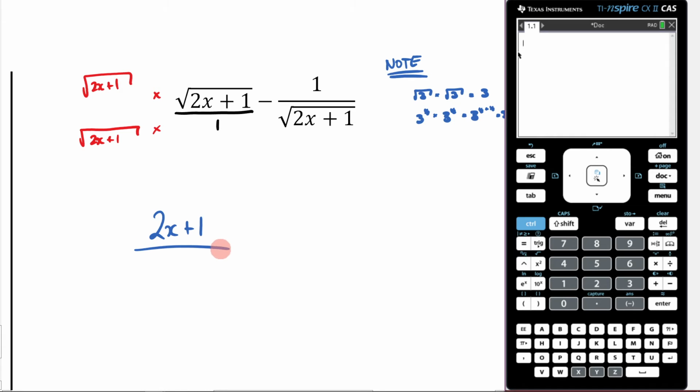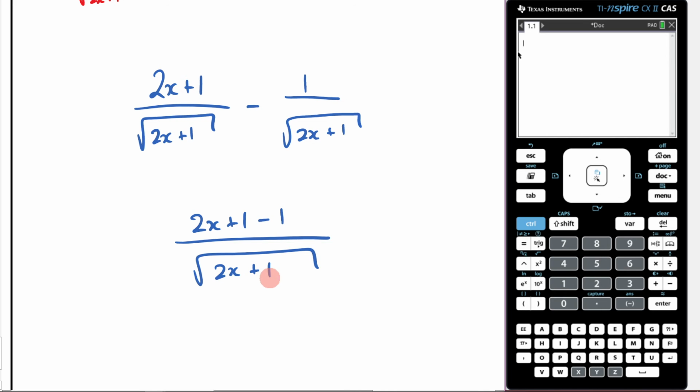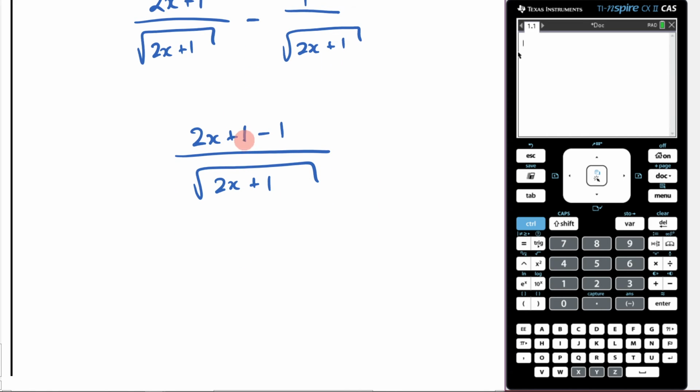And then this will be over the square root of 2x plus 1, minus 1 on the square root of 2x plus 1. Now they've got the same denominator, it's just going to be 2x plus 1 minus 1 over the square root of 2x plus 1, which means my answer is going to be 1 minus 1 is 0, so 2x over the square root of 2x plus 1. And that's it. That's all we have to do there for our answer.